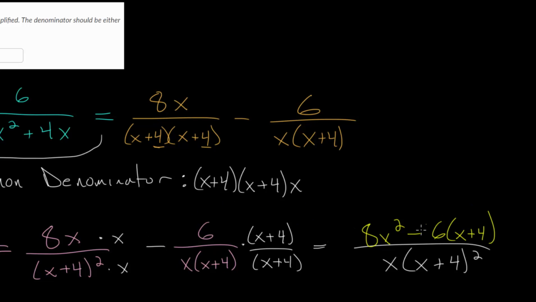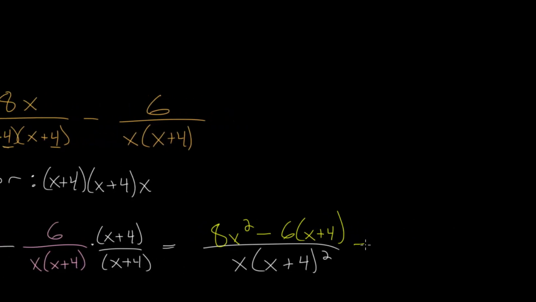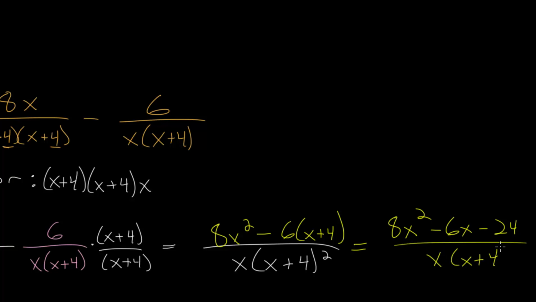So really, you need to distribute the -6. And doing so, we still have 8x squared, but then we have minus 6x, and minus 6 and 4 makes minus 24. Everything is divided by x times x plus 4 squared. So this should be our final answer.